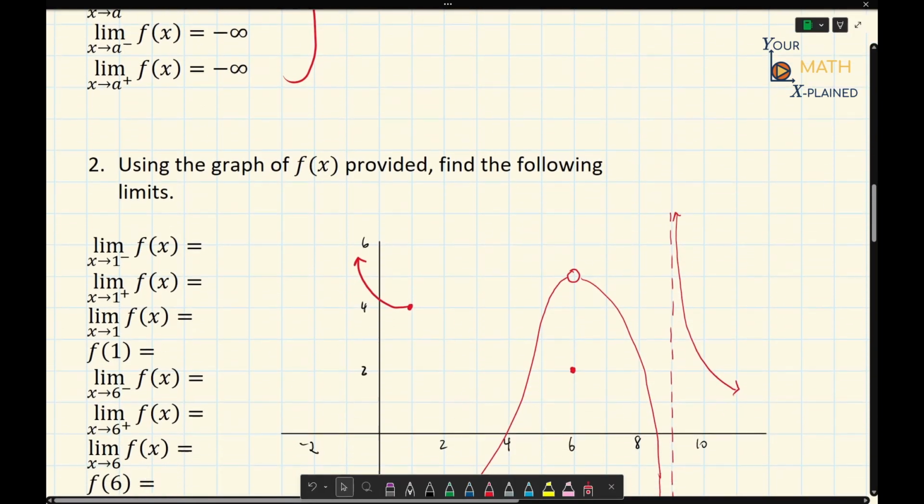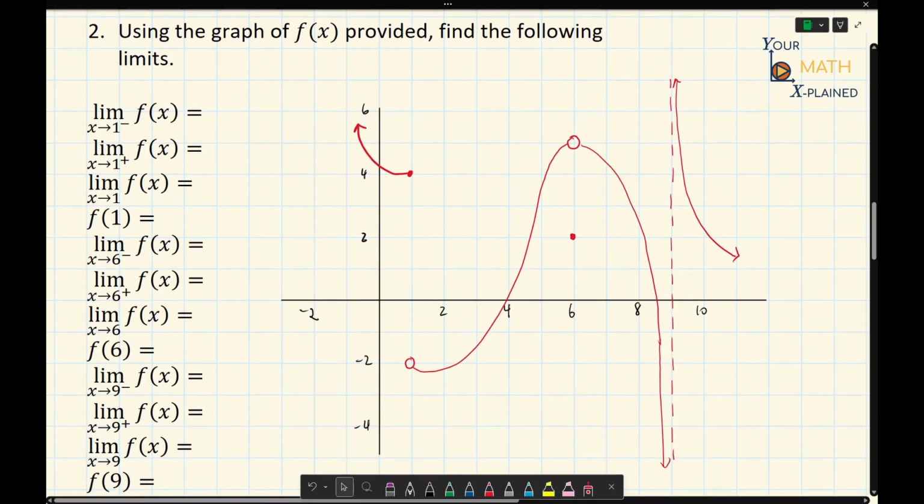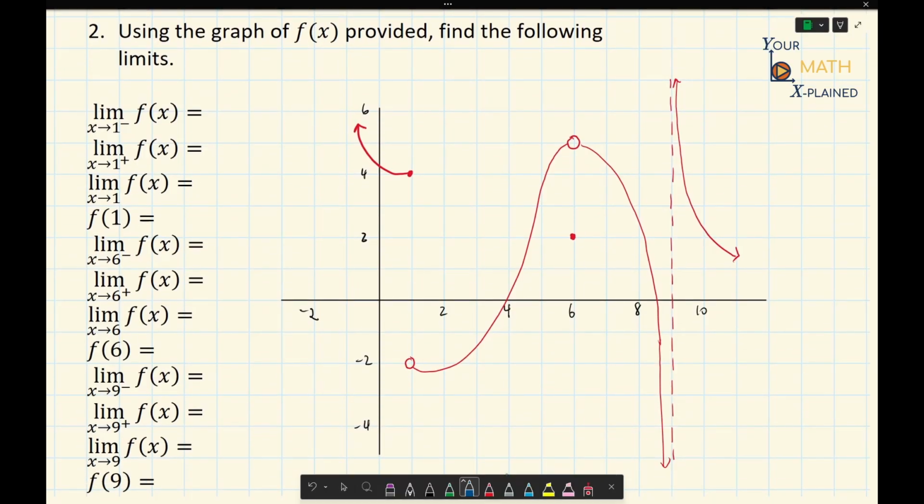Now let's go ahead and take a look at an example. Here we have drawn the graph of f of x, and we want to find these limits. The first limit is x approaching 1 from the negative side. So 1 is right over here.